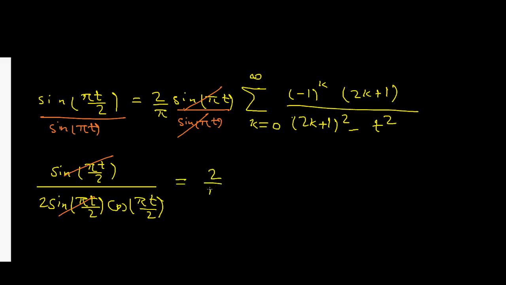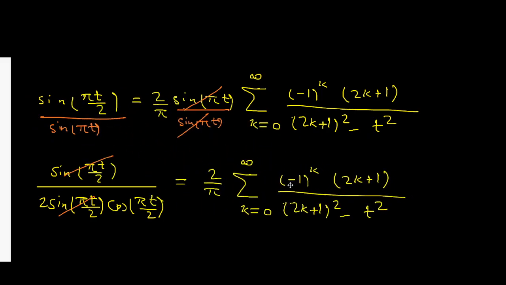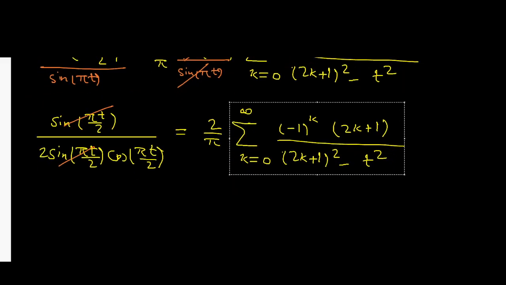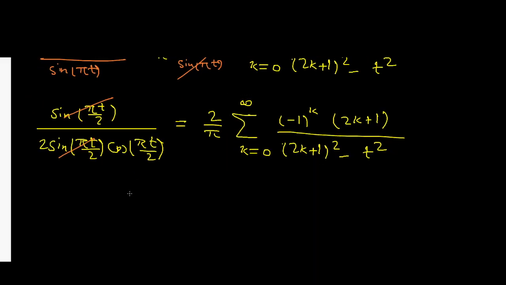And on the right, you have 2 over pi multiplied by this infinite series. The only step left to reach our goal is to multiply both sides by 2, and on the left we only get 1 over cosine of pi t over 2. And we're actually done.